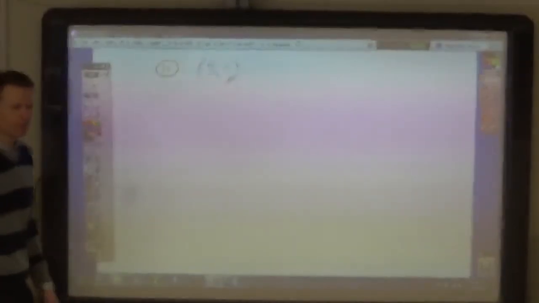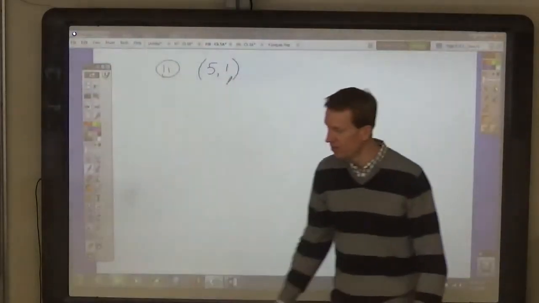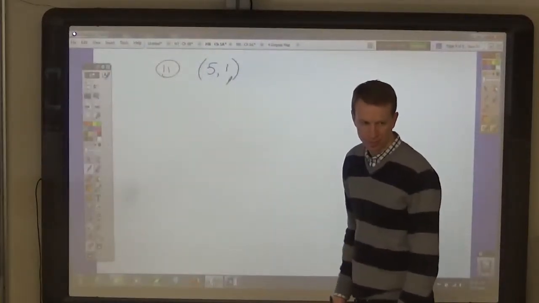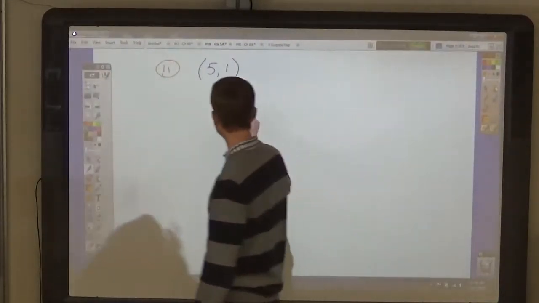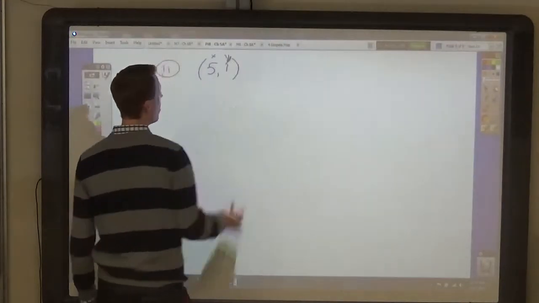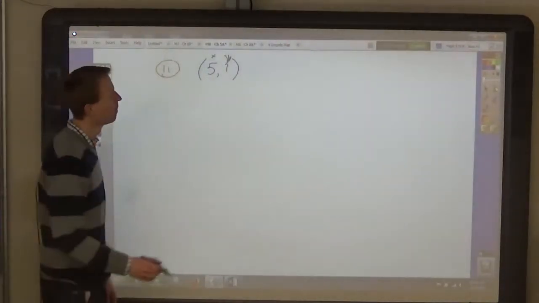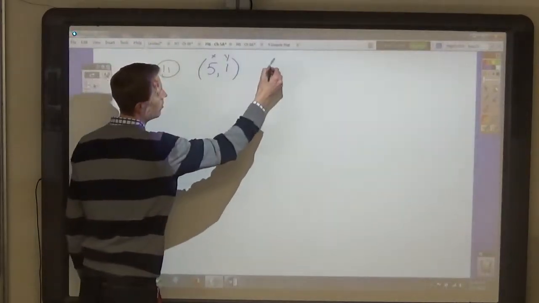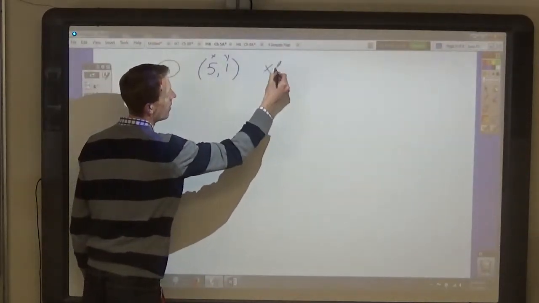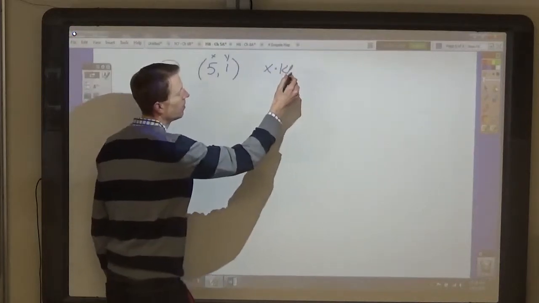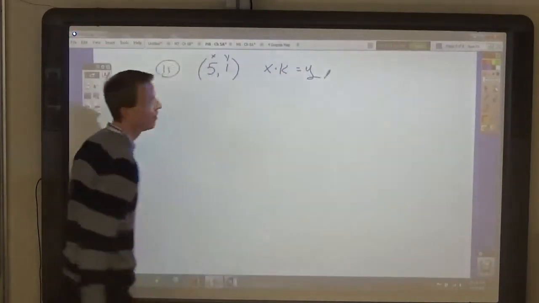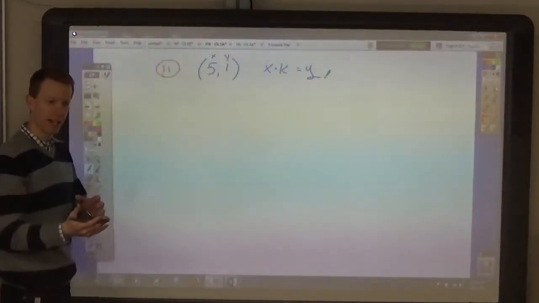So, what would you do with that? This is x and this is y. Now what? We have to use x times k equals y, or you could write it as y equals k times x.